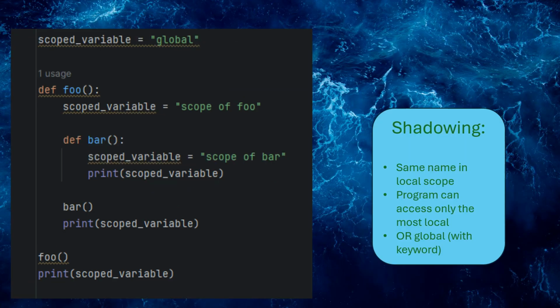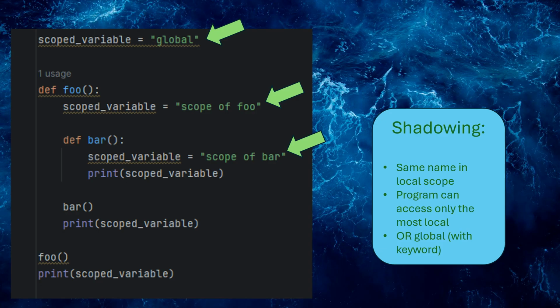So the concept that we now used basically is called shadowing. And so how this works basically, it's if you use the same name for a variable in local and global or lower local scopes, so to speak. So in this case, we have scoped variable assigned to global, and then inside the foo function, we have the same name again, and then in bar, we have the same name again, right? And so this is basically what we talked about before, how it works with the access.